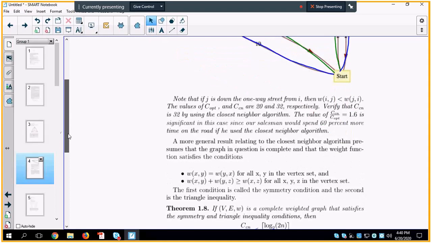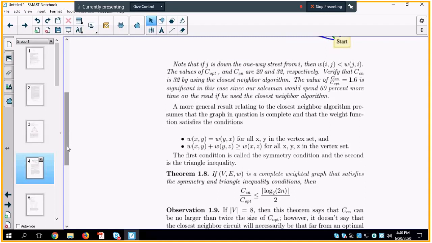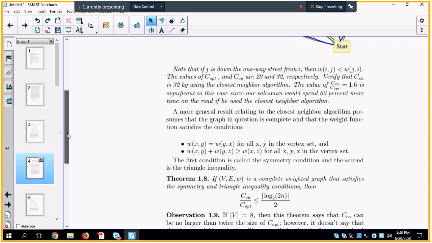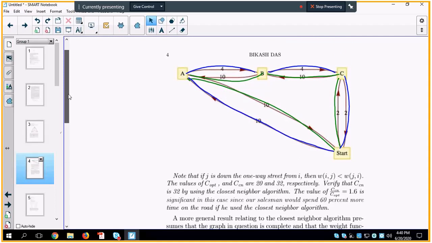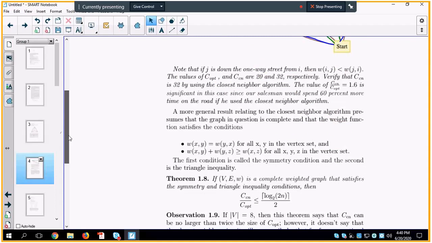So because of the nature of this graph, the value of the ratio of the closest neighbor divided by the optimal is 1.6, which is much more significant. The salesman would spend 60% more to go from start to C to B to A than he would to go from start to A to B to C and back.